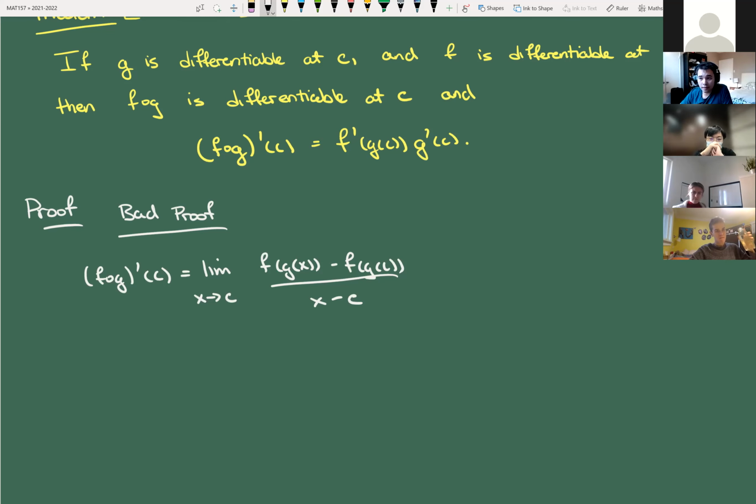Okay, so I haven't done anything here, right? I've literally just written out the definition. This is the definition of what the derivative of f composed g is. And what I want to do is multiply and divide by something clever, in this case, g of x minus g of c. Okay, so let's just multiply and divide by that and write it out again in a clever way.